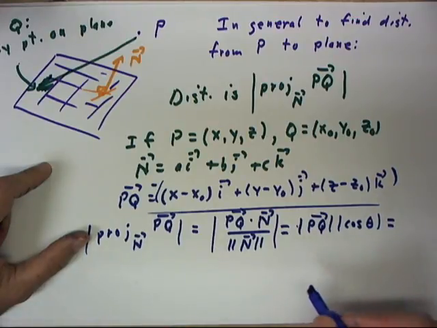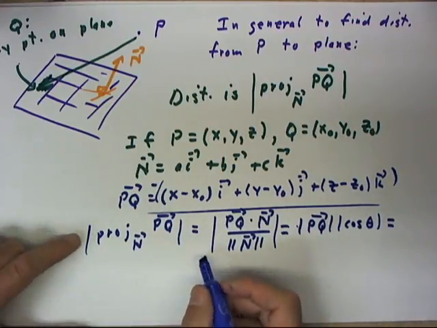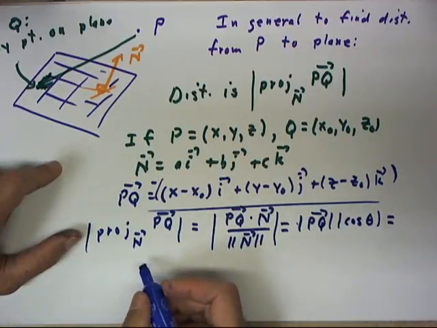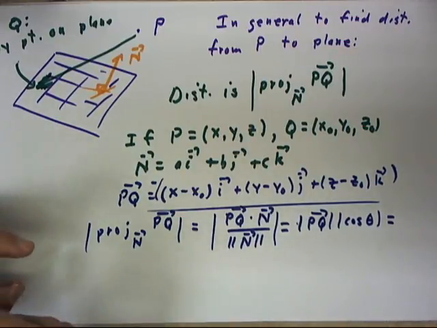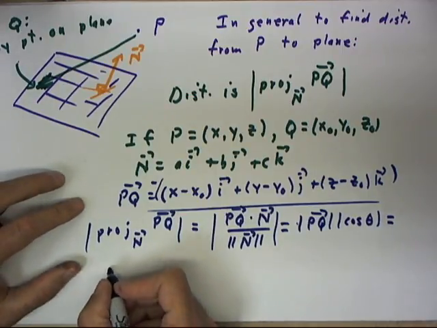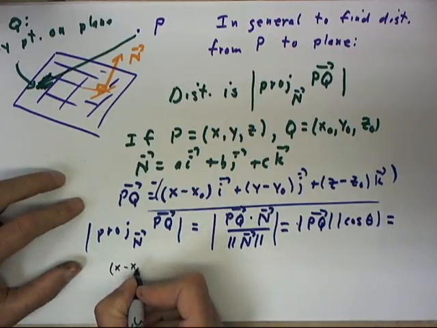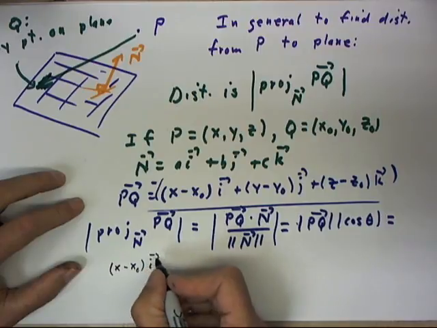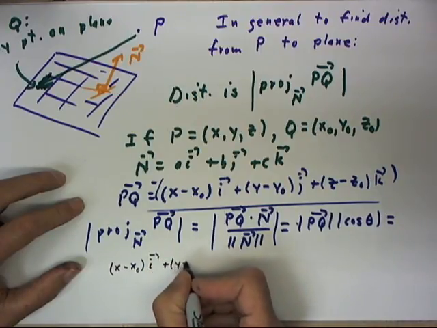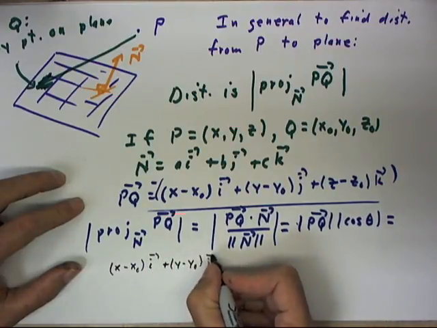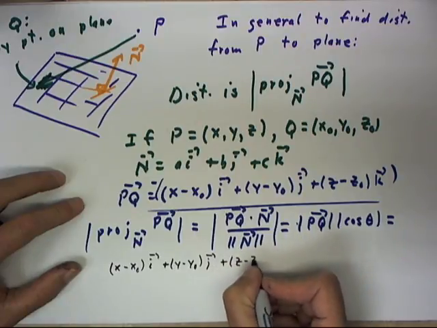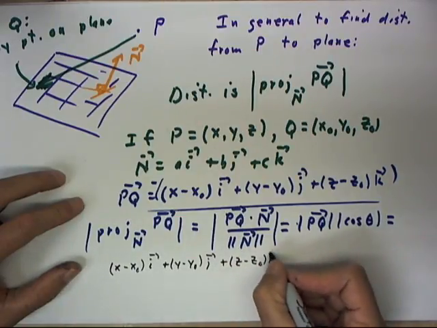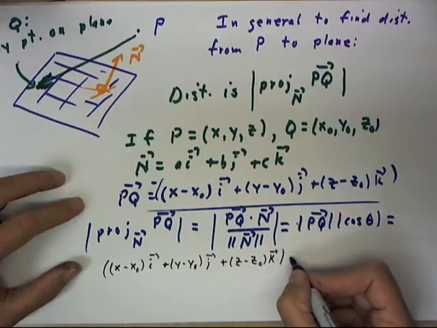Equals, I'm going to switch to a Sharpie here, x minus x naught i plus y minus y naught j plus z minus z naught k, and I'm sure you know where this is heading.